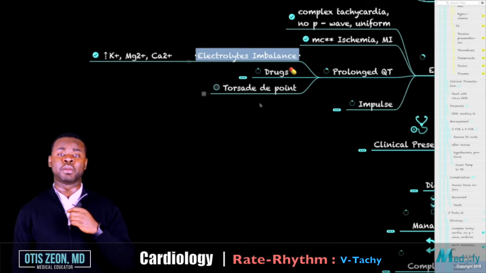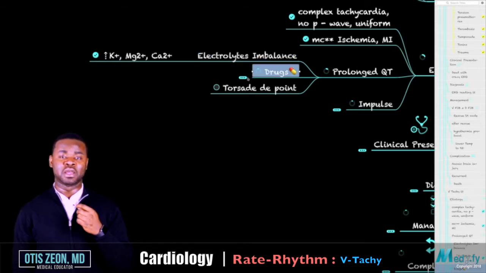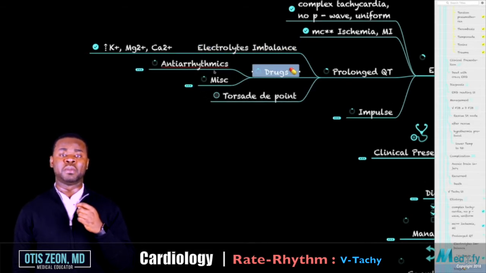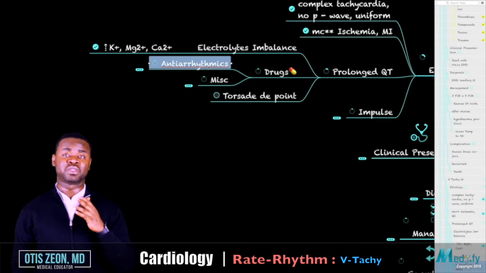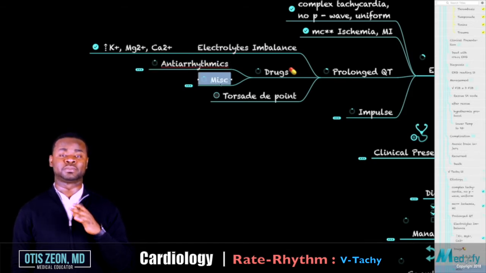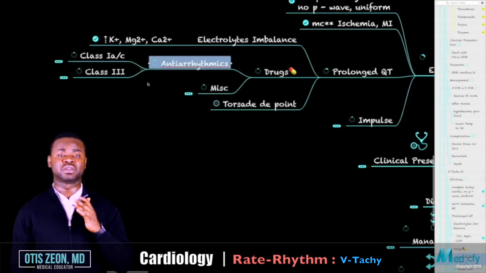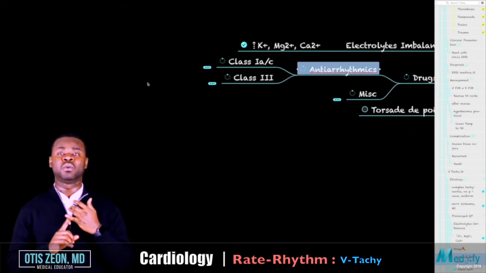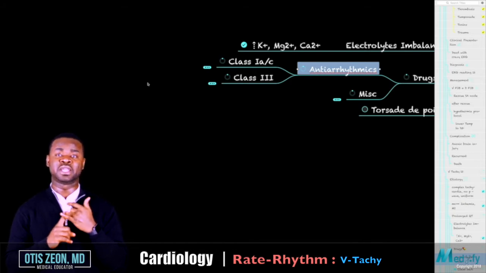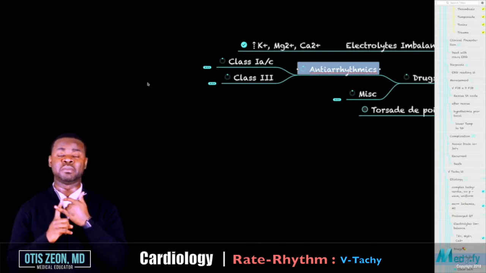So it's important now to memorize certain drugs that may cause that electrolyte disturbance. The most common drugs are certain classes of antiarrhythmics, and then we have some miscellaneous drugs here. Let's talk about the classes of antiarrhythmics that cause this. We have class 1A, 1C, and class 3. Class 3 is important to know because there's a drug in class 3 antiarrhythmics that's always given in most of the arrhythmia cases, and then class 1A and 1C are also important to know.